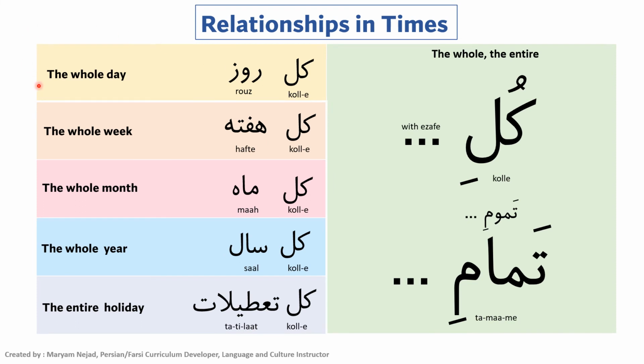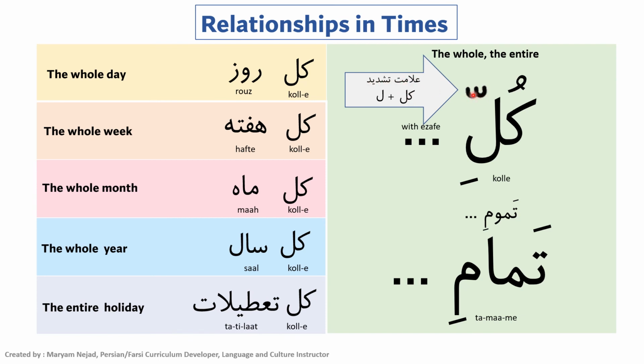Now, how do we say, for example, the whole day or the whole month or the whole year in Farsi? In this situation, we can use kolle, and remember there's a tashdid on the letter lam. So what is this here? This is called alamat tashdid. Alamat means sign.